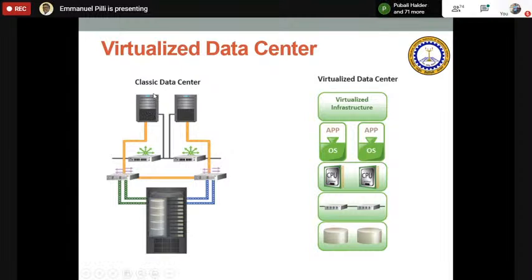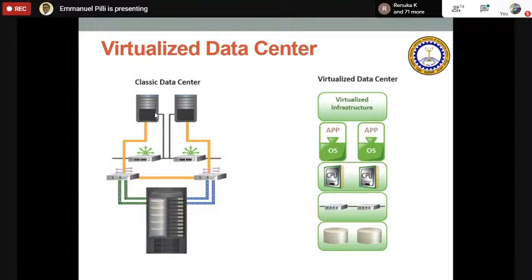Those cores can be virtualized so that they become virtual one-core CPUs. Each server has 120 cores.